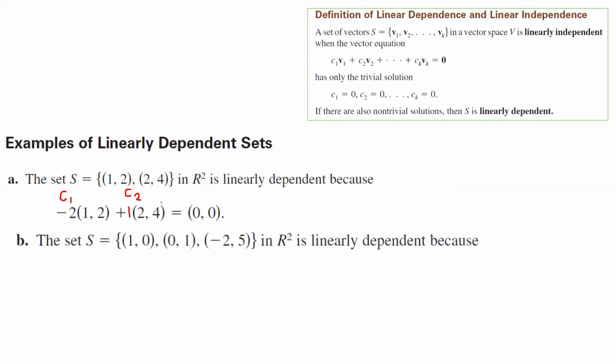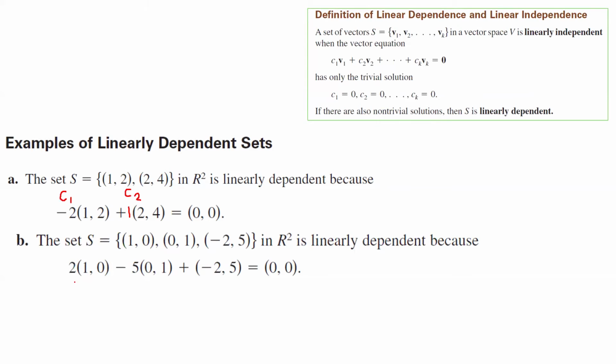This set, (1, 0), (0, 1), (-2, 5), in the plane is linearly dependent. Why is that? I can multiply 2 by (1, 0), multiply -5 by (0, 1), plus the last vector, which is (-2, 5). So you have 2 plus 0 minus 2, which is 0. Then you have 0 minus 5 plus 5 equal to 0.